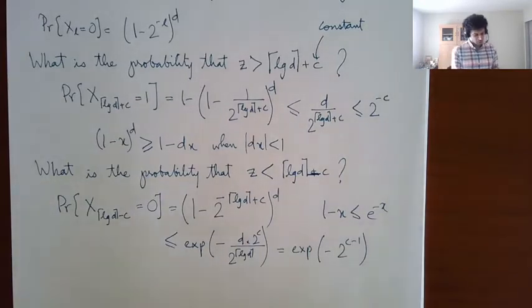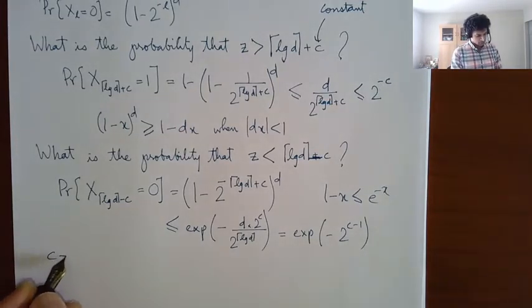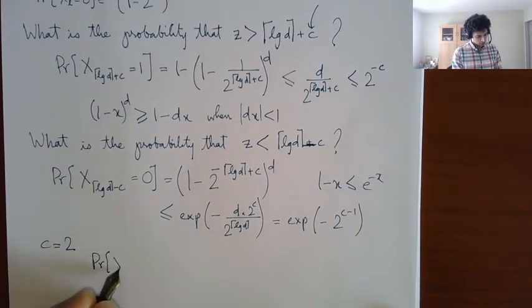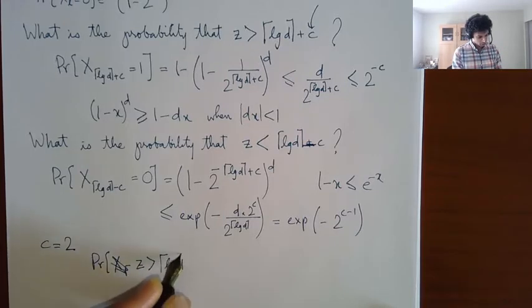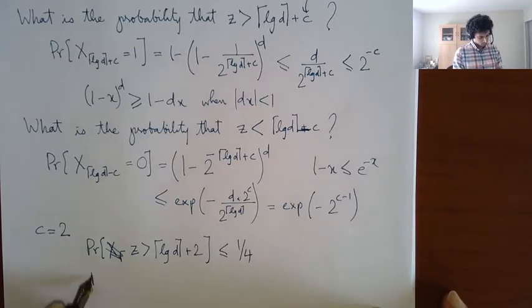So let's just, because we're doing a very rough back of the envelope calculation, suppose you set C is equal to 2. So what you get is that the probability that Z is more than log D plus 2 is at most 1/4.